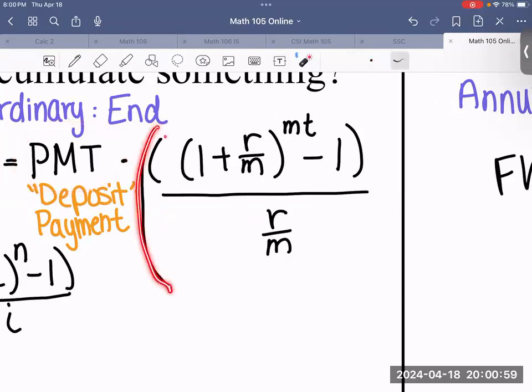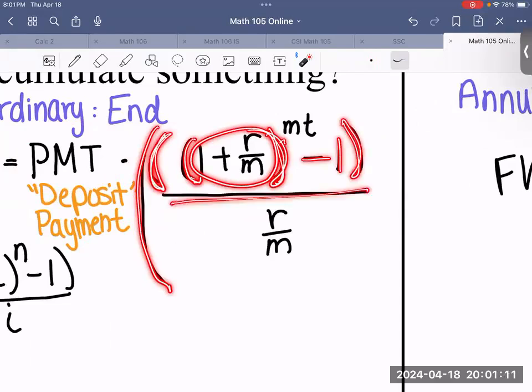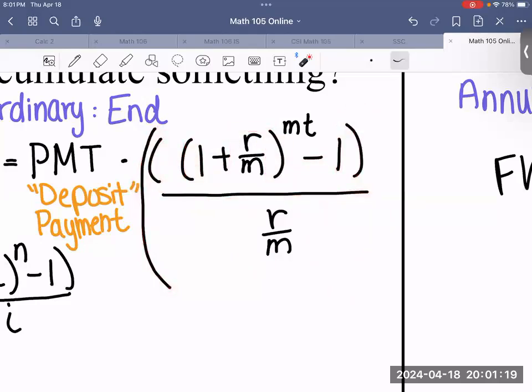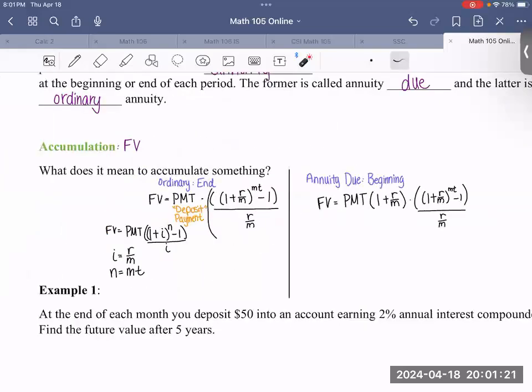So open, open, open. Do this stuff, close this parentheses, subtract one, close your next set, divided by. I would probably do this in division again, same thing with here, and then close that next one. So just be super careful depending on your calculator.